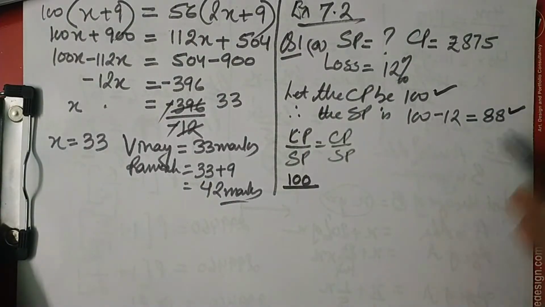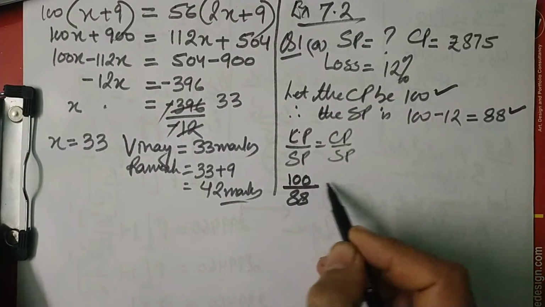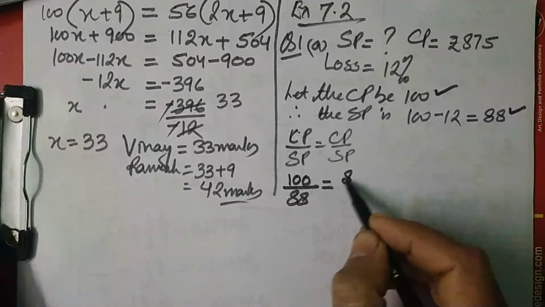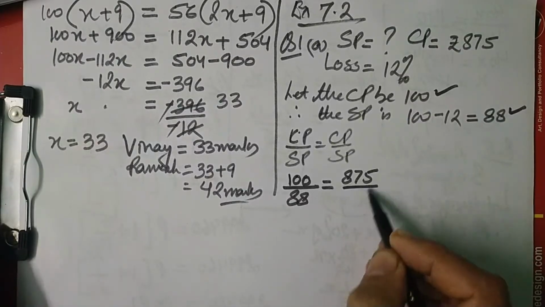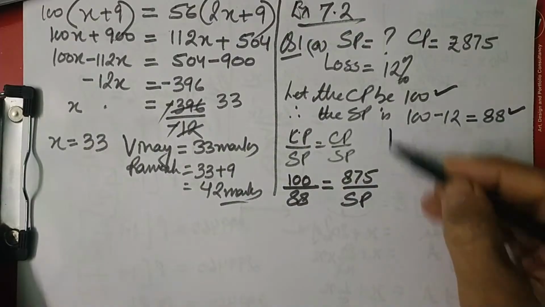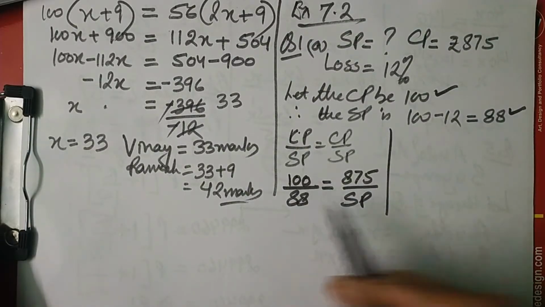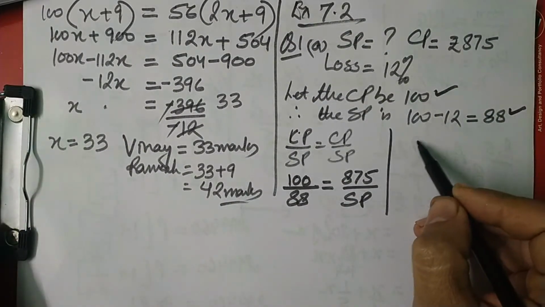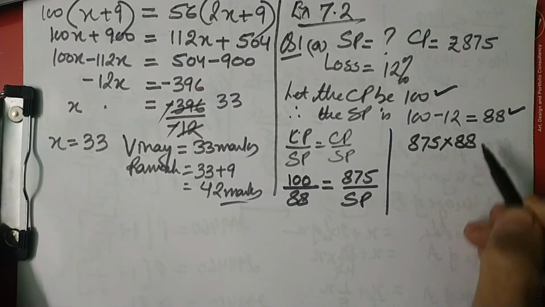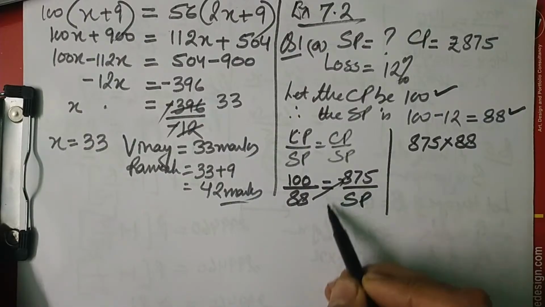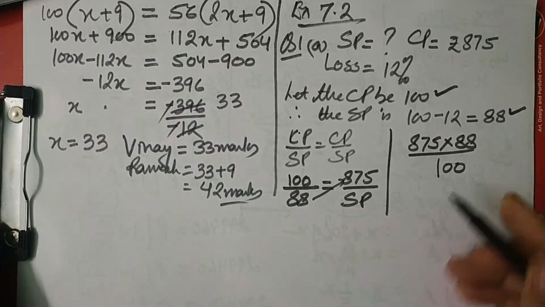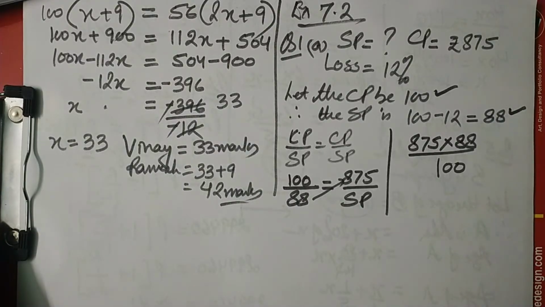Selling price will be 88. So I will write 88 here. CP is this CP. So it is 875 upon SP, which is not given. So when you cross multiply, you will get the answer. Cross multiply, it will become 875 into 88, then upon 100. So when you divide, it will give you the answer.